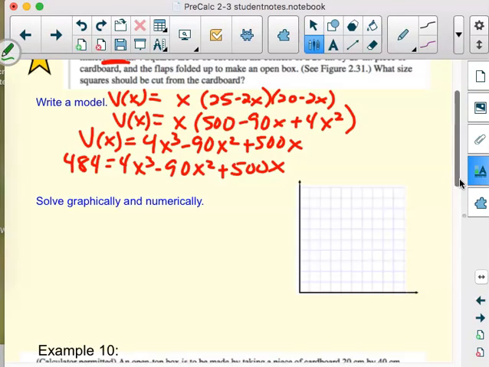In the past, we've said, hey, let's just make one of these sides y sub 1 and another side y sub 2 and find those two pieces. We've also said, let's go ahead and move the 484 over. Let's check and see if it's going to be factorable. And if it isn't, then we can put it in the graphing calculator and we can figure out where the zeros are. So let's go ahead and move everything over, because remember, the choice is always the algebra.